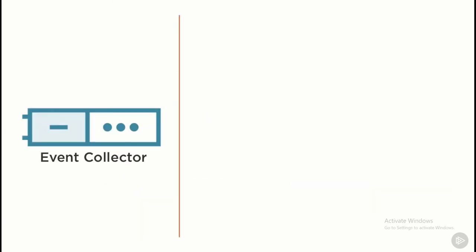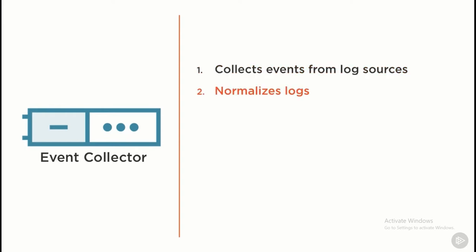Event collector. Let's start with the event collector. As the name suggests, the collector collects events from the log sources. That can be done through syslog, WinCollect, or even reading log files from disk.